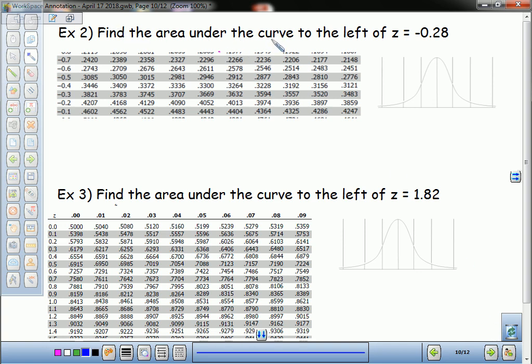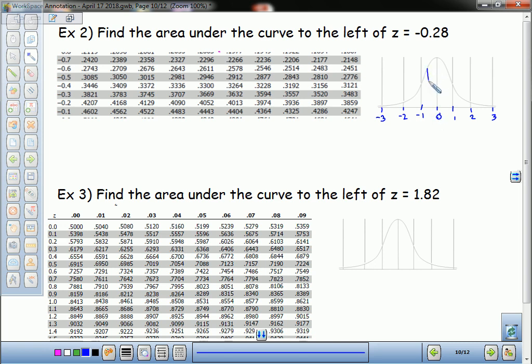Now we're going to find the area under the curve to the left of -0.28. So this is 0, this is 1, this is 2, this is 3. This would be -1, this would be -2, this would be -3. Because it's a standard normal, that's what we're looking at. A z-score of -0.28.